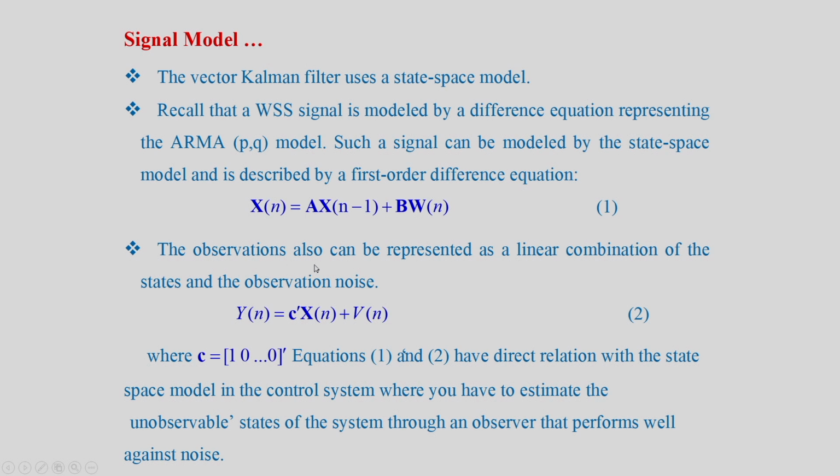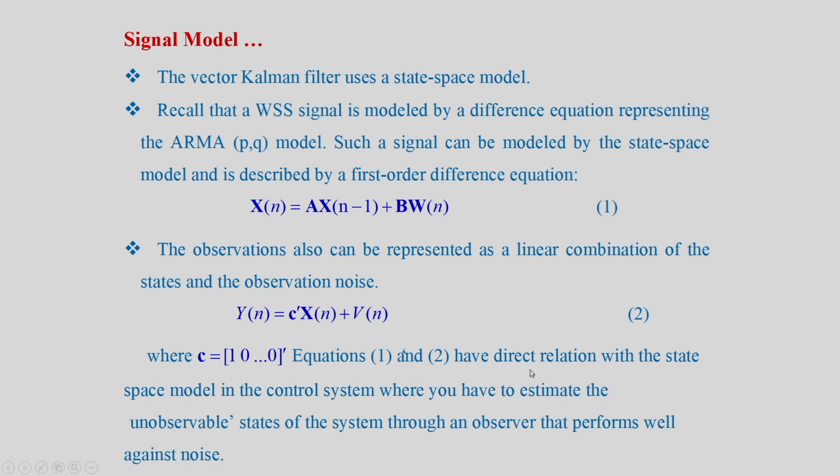The observations also can be represented as a linear combination of the states and the observation noise or measurement noise. That way y[n] we can write as C transpose x[n] plus v[n], where C is equal to [1 0 0 ...] transpose. So, it is a vector comprising of first element 1, rest of the elements 0.